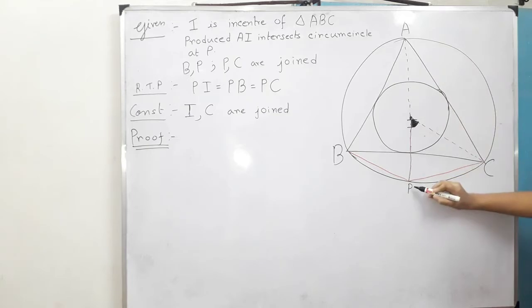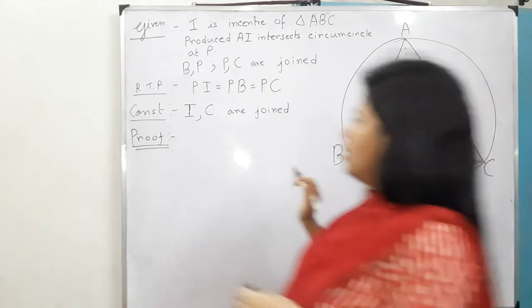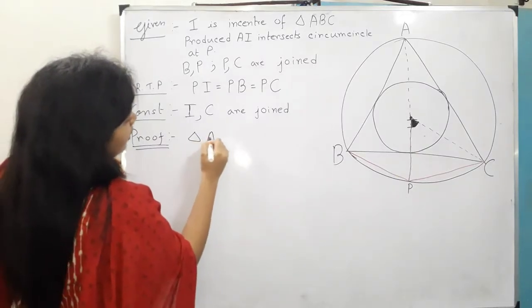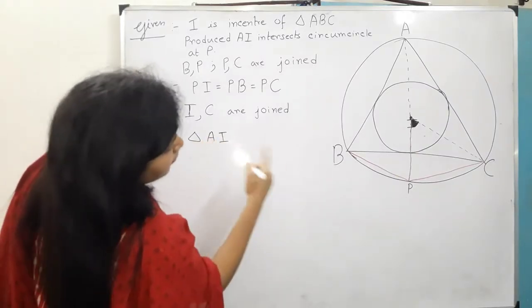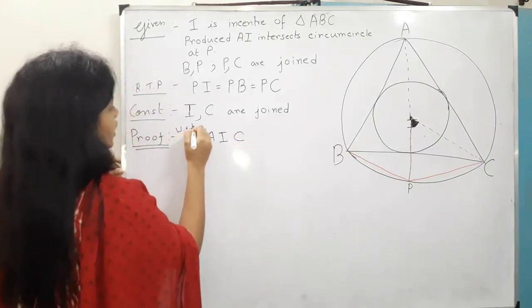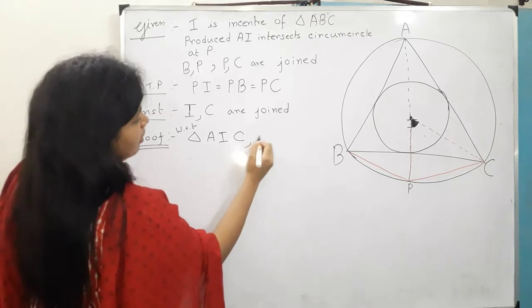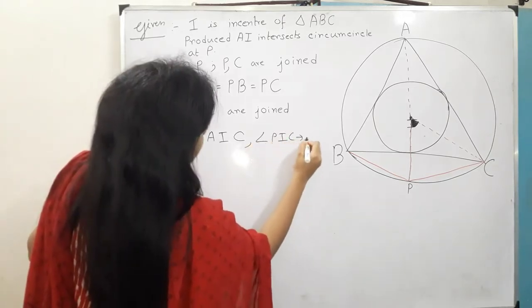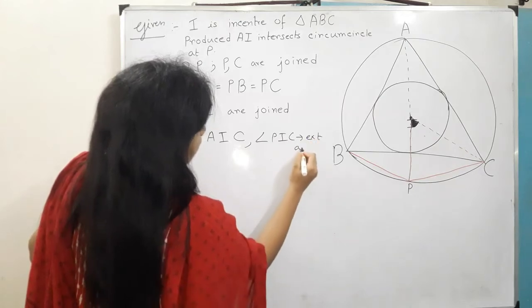So we can say angle PIC is the exterior angle of the triangle. So that means, with respect to triangle AIC, angle PIC is the exterior angle.